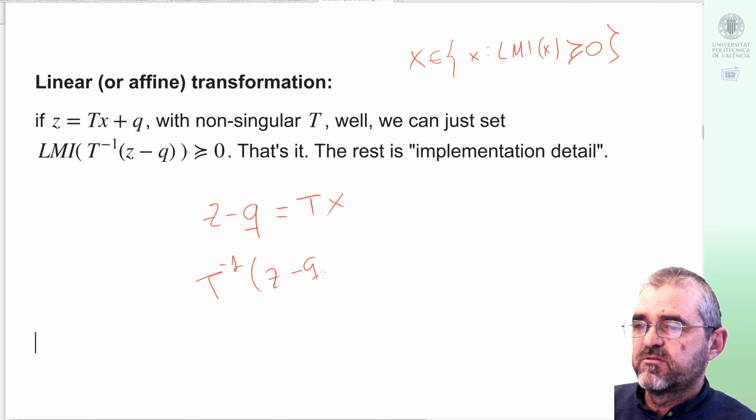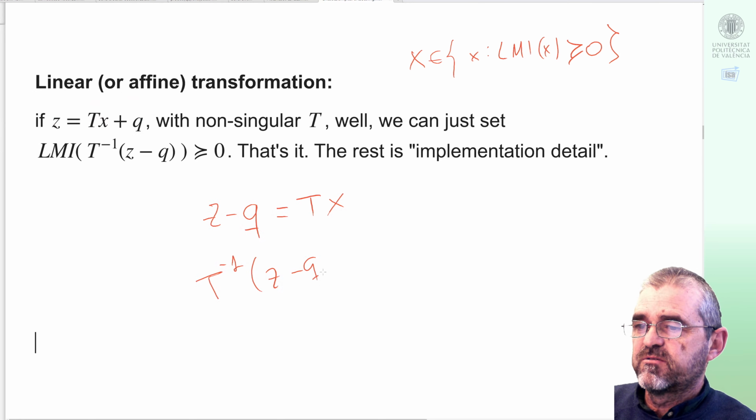And well, if I have the set of this, then if Z is lambda x, well, x is lambda minus 1 Z. So this is the LMI that Z must fulfill.